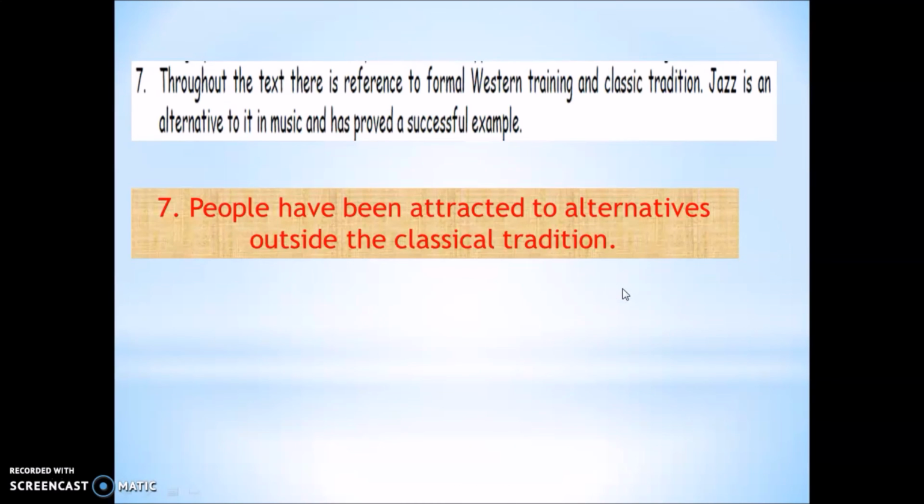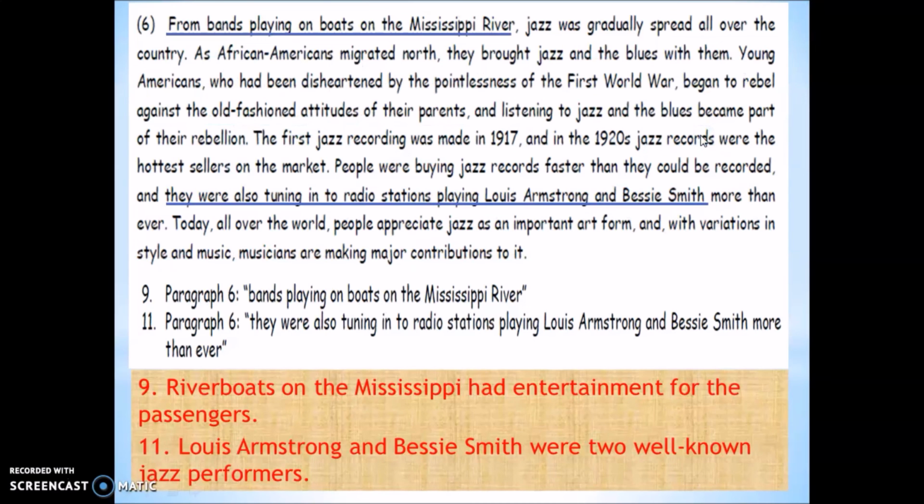People have been attracted to alternatives outside the classical tradition. Well, throughout the text we can see the formal Western training and classical tradition, and jazz is an alternative to it in music, and it has proved a successful example. So it was a combination anyway. Jazz was a combination of Western training.